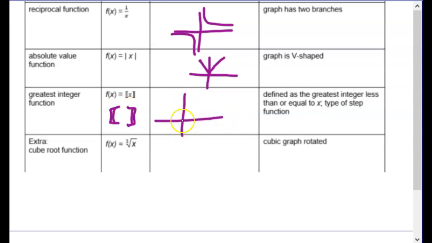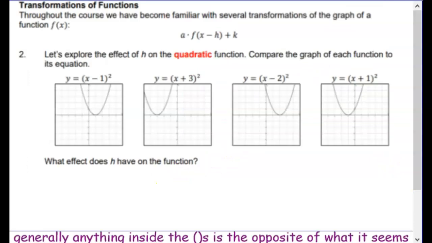And that one looks like this with open and then it jumps up, okay? And the cube root function we will also use, and Delta Math uses, and that looks like this, okay? So that was a quick review of those that we did the other day in the notes.